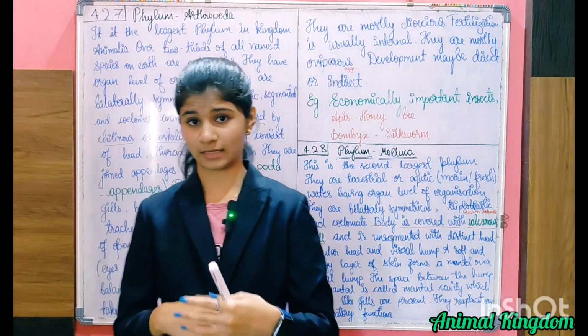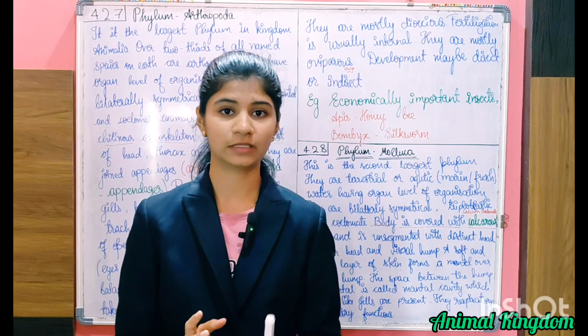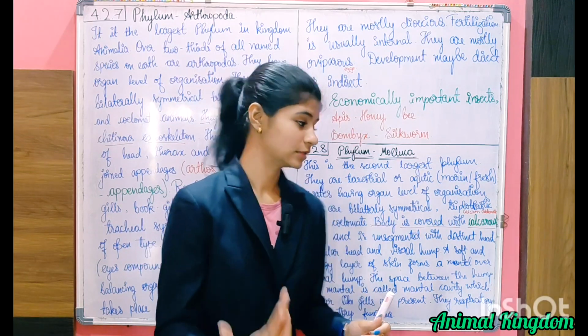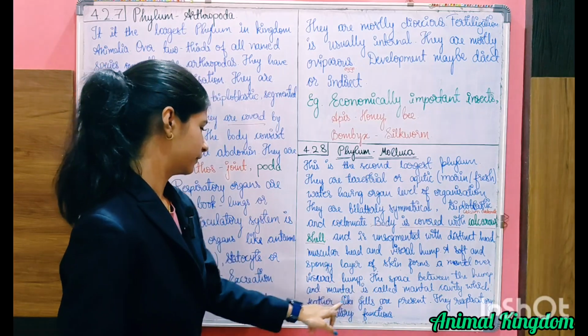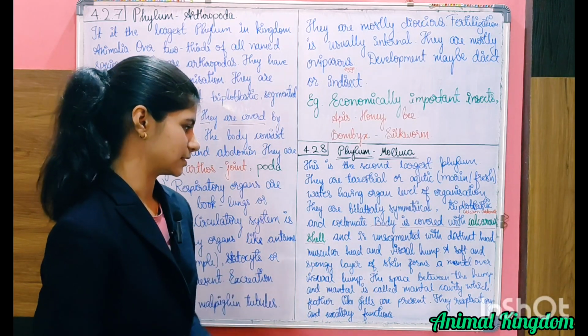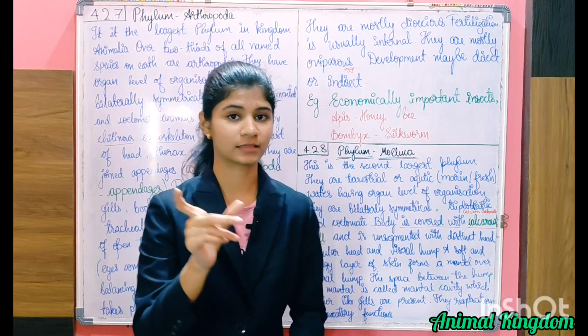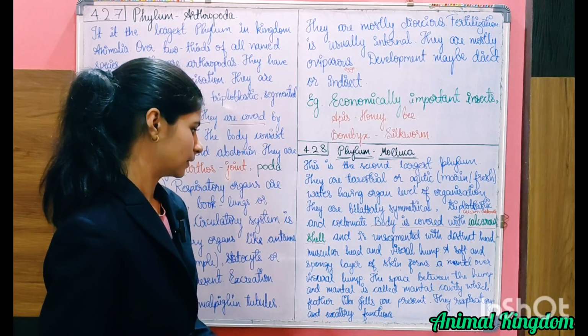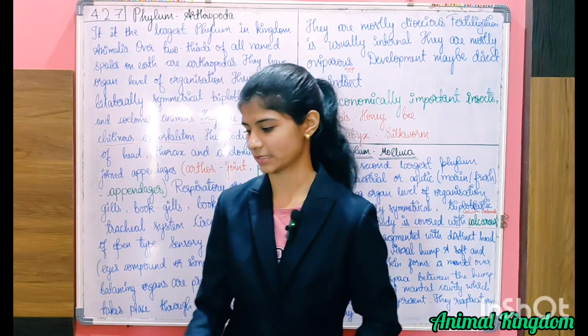The question might arise in your exam, what is this mantle cavity? It is the space between the hump and the mantle. In the mantle cavity, feather-like gills are present, which have respiratory and excretory functions.